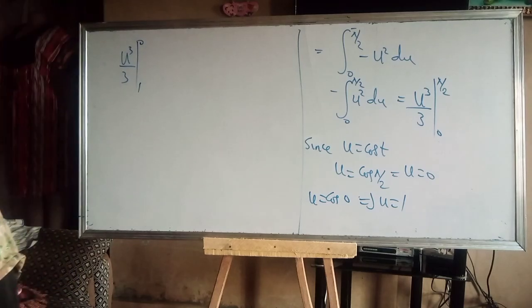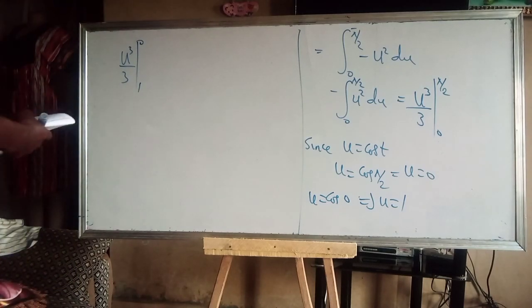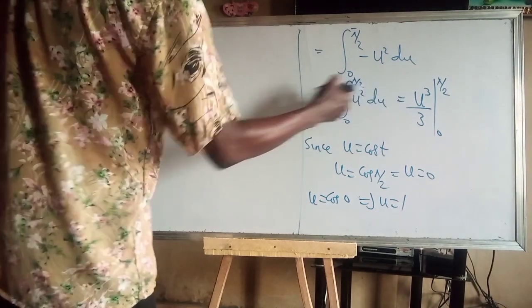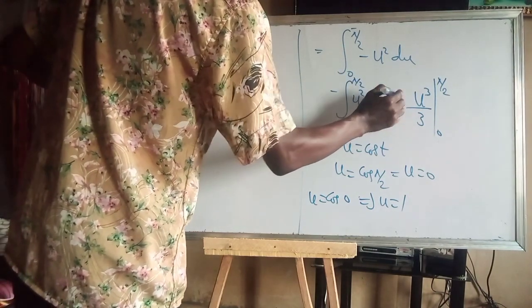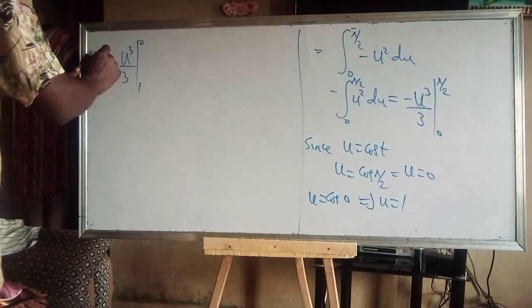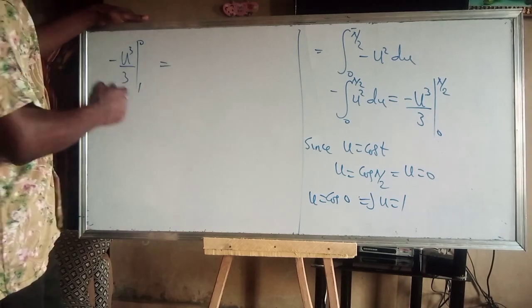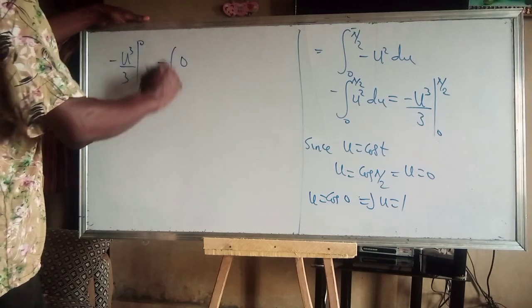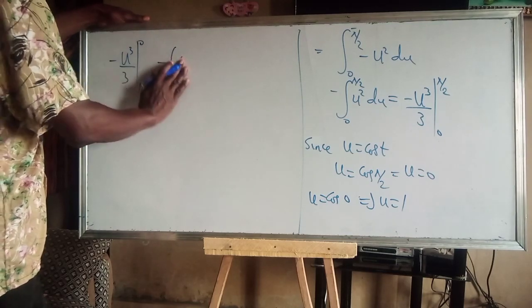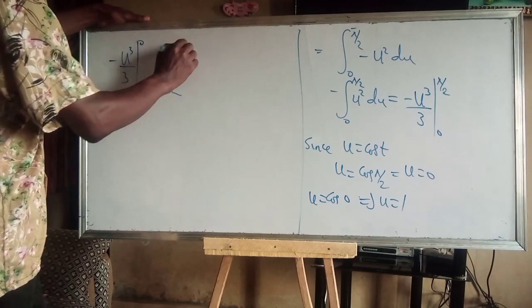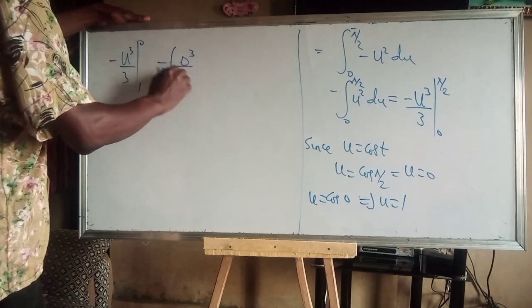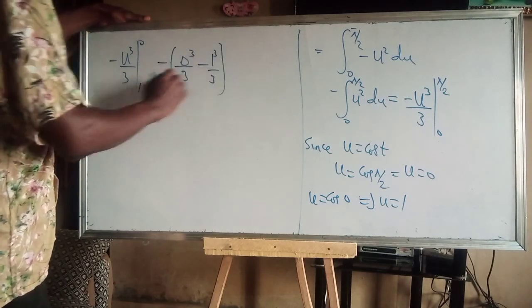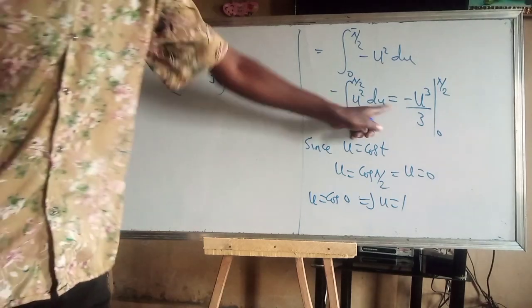Beautiful. All right. So don't forget, there will be a minus, because of the minus there. So we have minus of this. Let's do it this way: minus, 0 to the power 3 all over 3, then minus 1 cubed over 3. I hope you understand what I did there. The minus is already there from here.